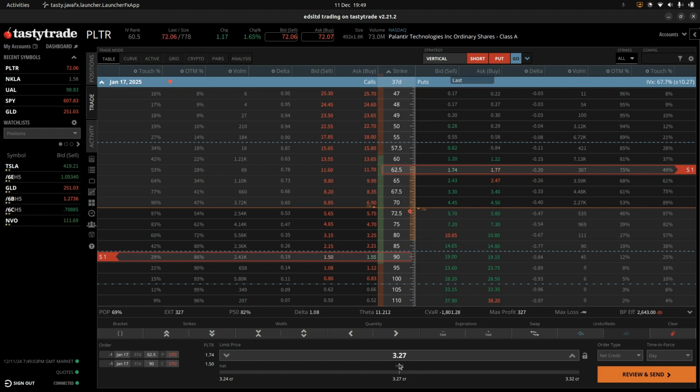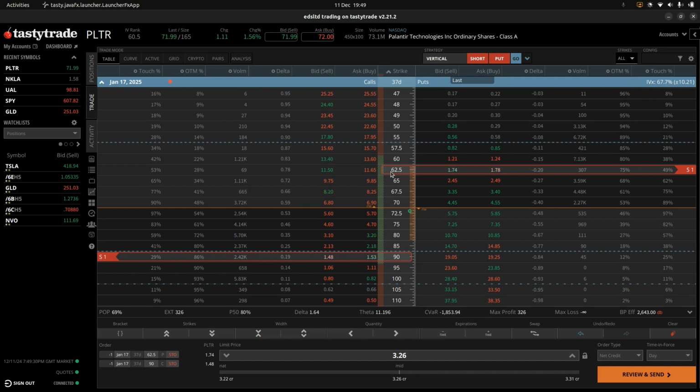Our break-even on the call side would be $90 plus 3.28, which is why the green bar extends past our contract. And the same thing on the put side: our break-even would be 62.5 minus 3.26.